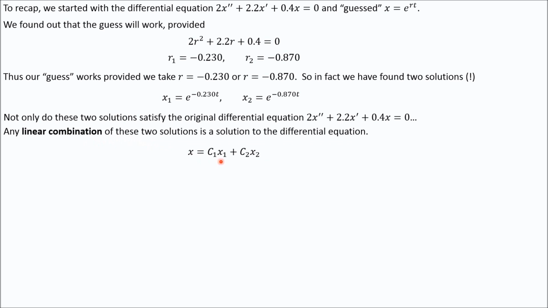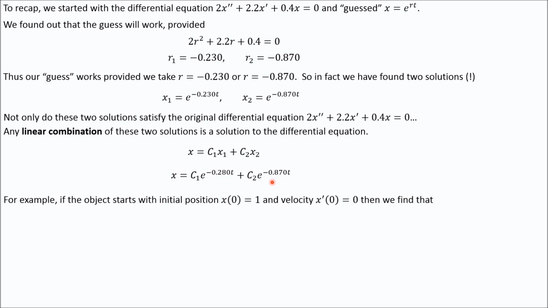Any linear combination of these two solutions is also a solution. So this is our general solution to the original given differential equation. The general solution is any linear combination of these two.